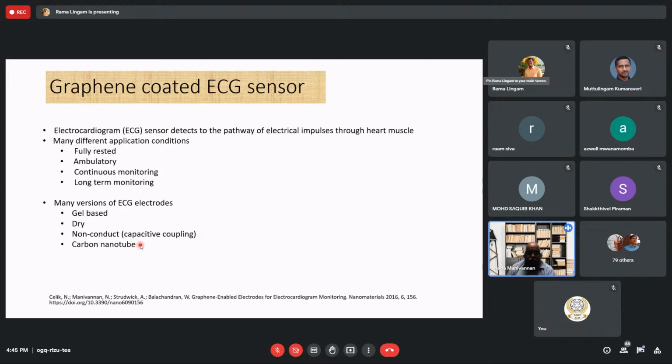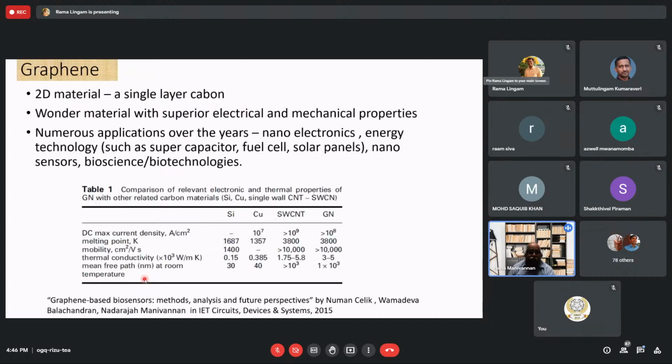And for carbon nanotube, there are some advancements in terms of carbon nanotube based ECGs. You can find more details in the paper I put at the bottom, one of the publications we had with my PhD student. We had some information about the various types of ECG electrodes currently available in the market or in research.